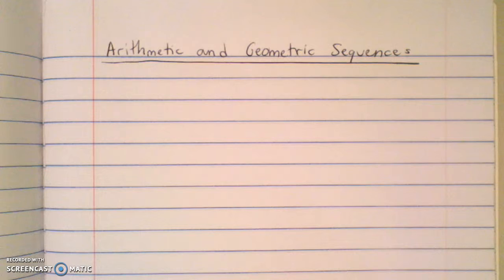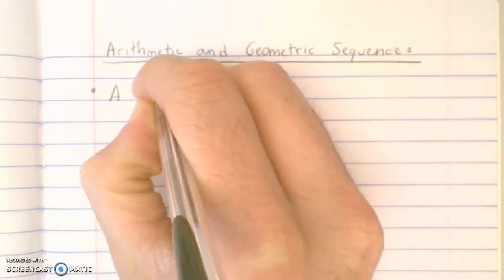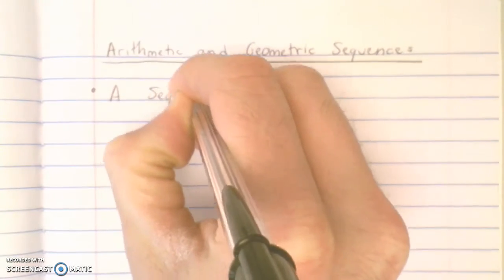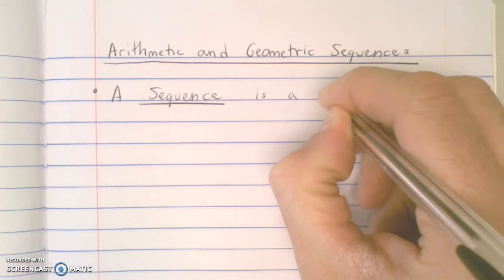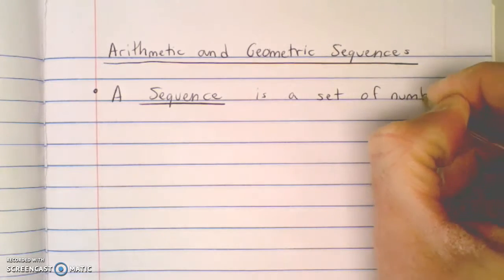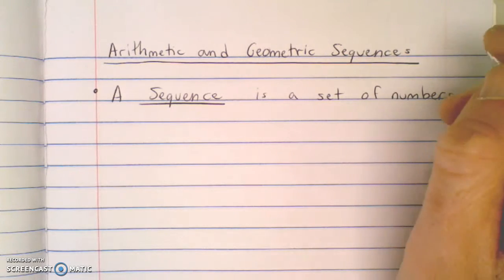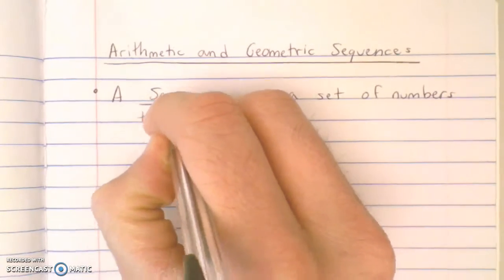All right, so a sequence is a set of numbers that are in order.